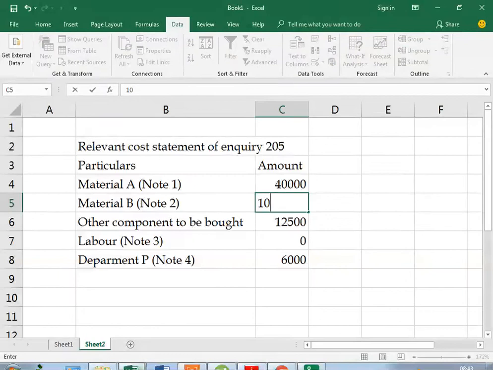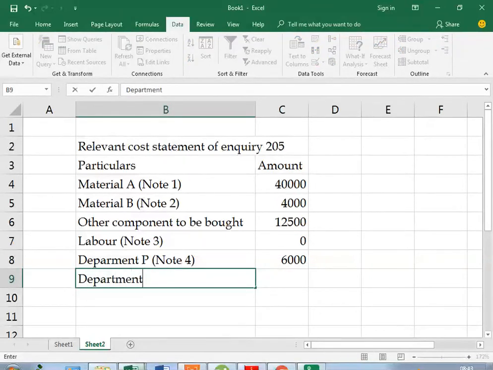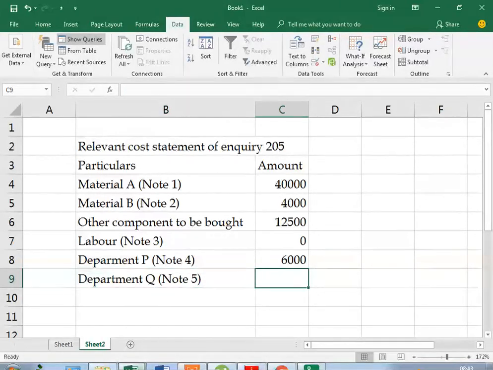Can you write the note for department Q? Note 5, department Q, and tell me the number. Any outside demand for department Q?